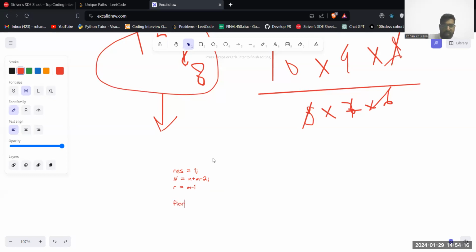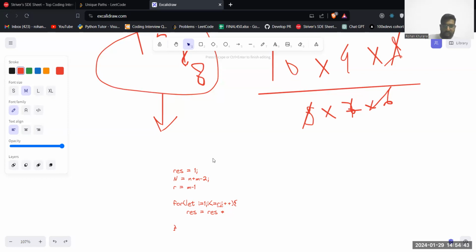I'll start my loop: let i equal 1, i less than or equal to R, i plus plus. Now I'll say res is equal to res into, what is it?